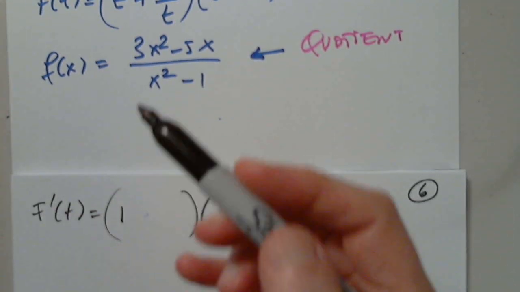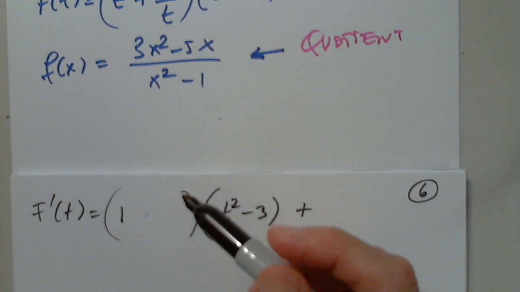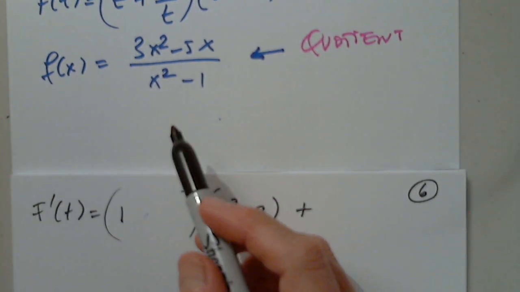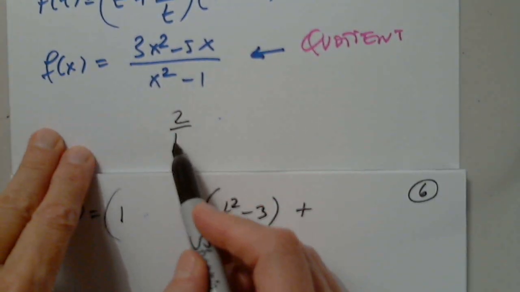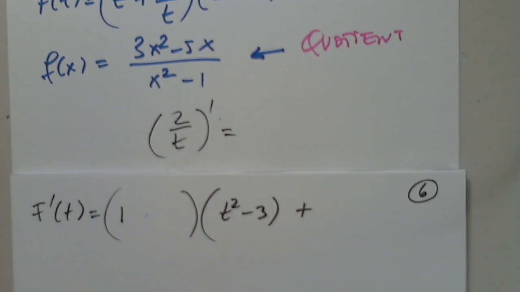Excellent. The derivative of 2 over t. Can anyone give us that?